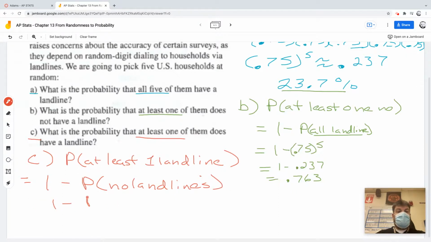The probability of no landlines is 0.25 raised to the 5th, which if you plug into your calculator, is a very small number. So it's got like a 99.9% chance.